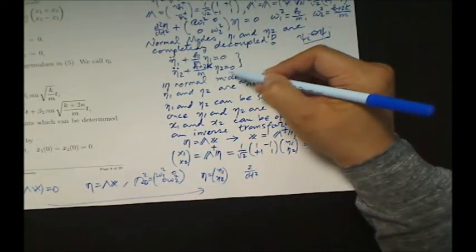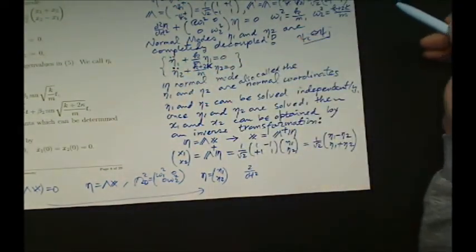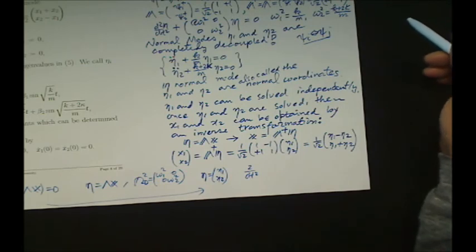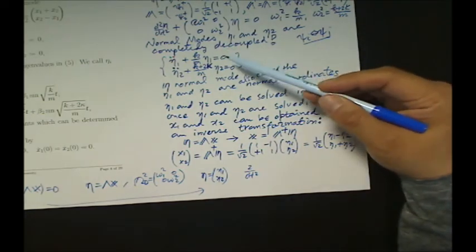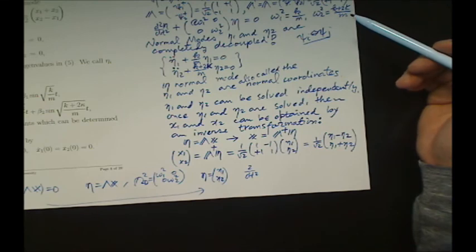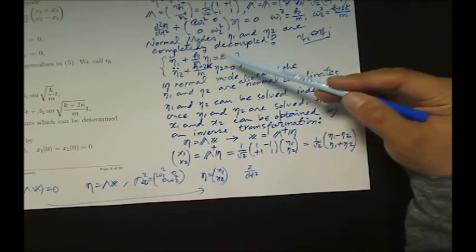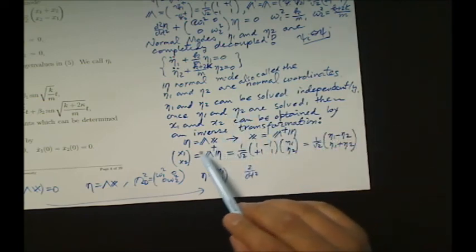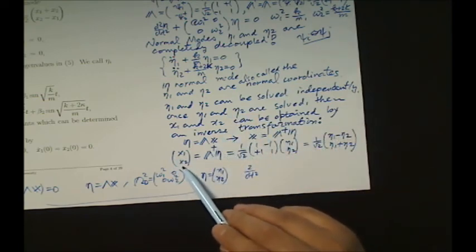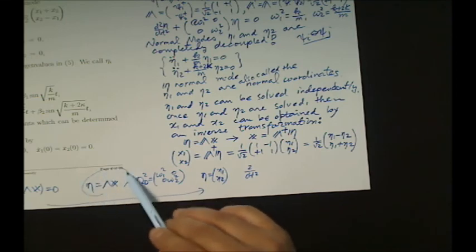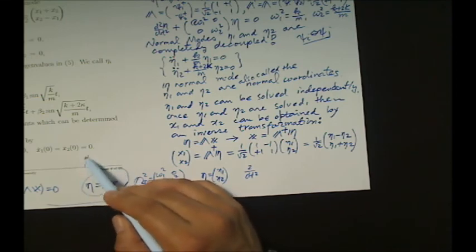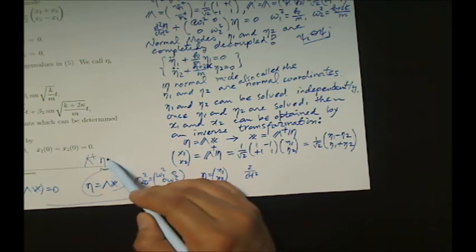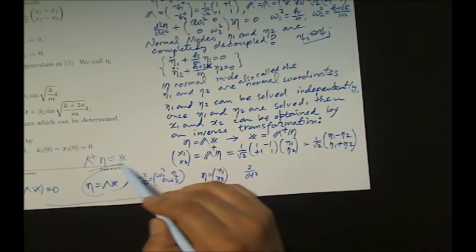Now, the equation of motion for these normal coordinates can be solved in a trivial way because it's a simple harmonic oscillator. By making use of the simple harmonic oscillator solutions, we can reconstruct the final result for x1 and x2. If I multiply lambda dagger, it becomes x.